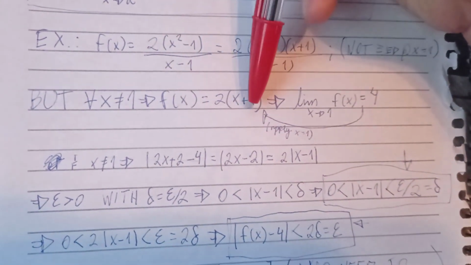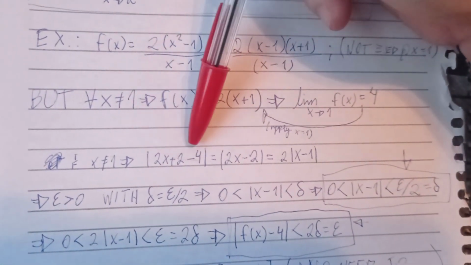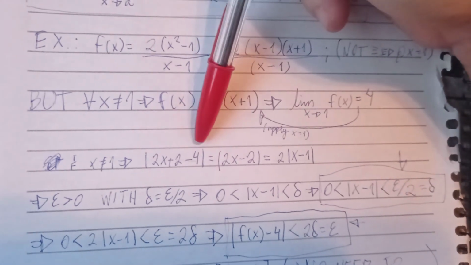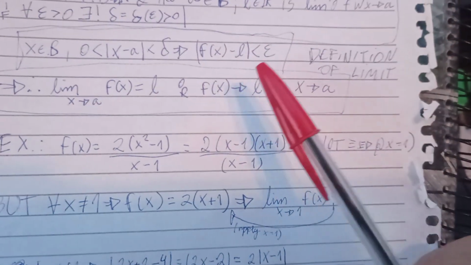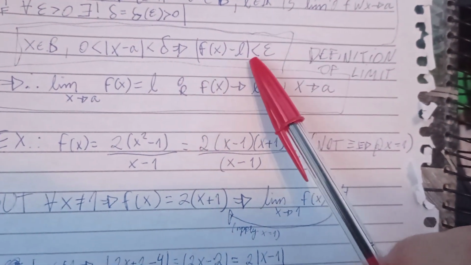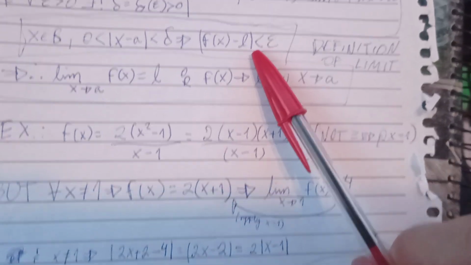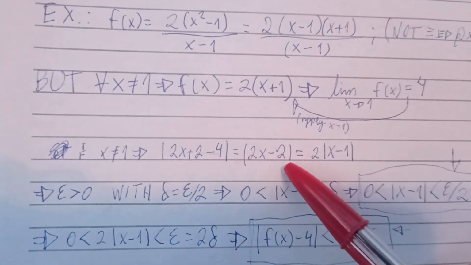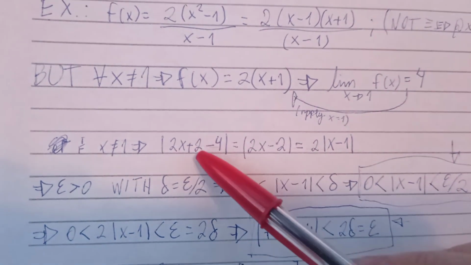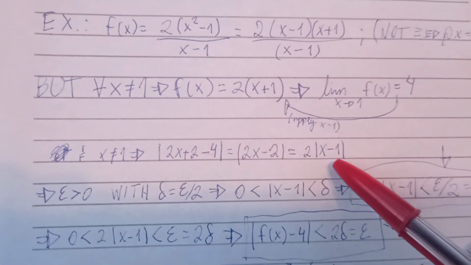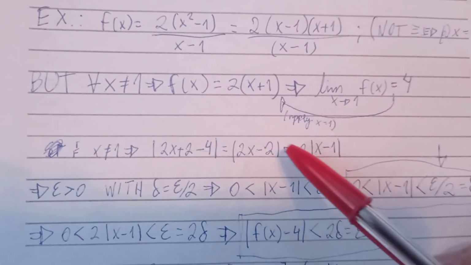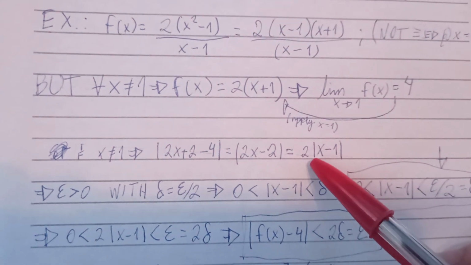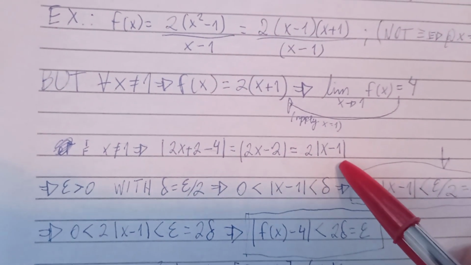So this is 2x plus 2 for x different than 1 minus 4. So we are doing this f of x minus L in the absolute value. We know that this is 2x minus 2, only doing the manipulation inside here. And we know this 2 can go outside and leave us with 2 times x minus 1.